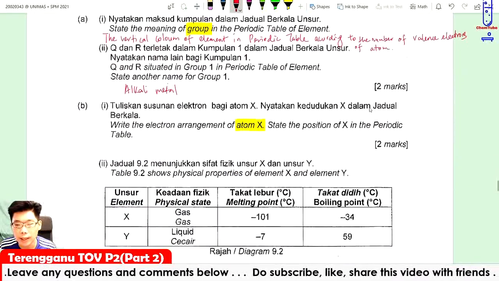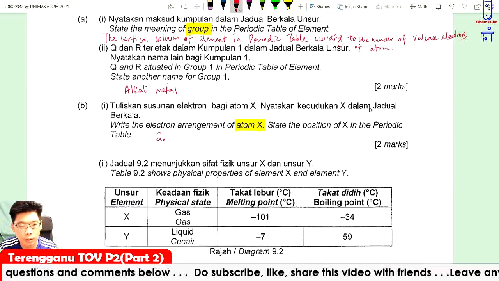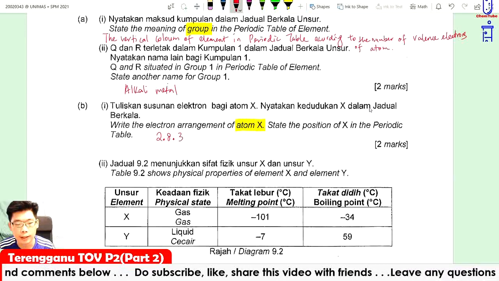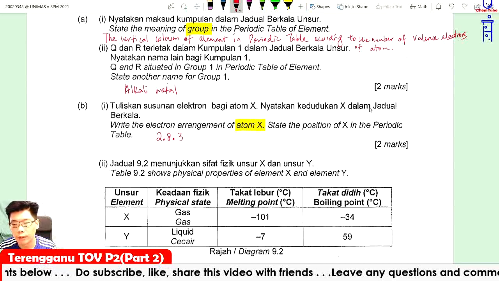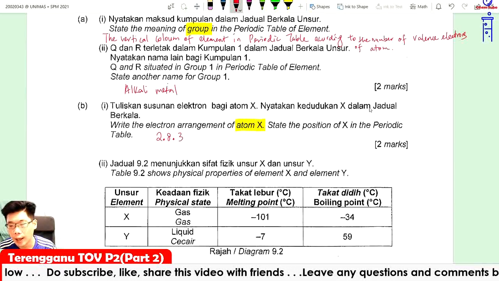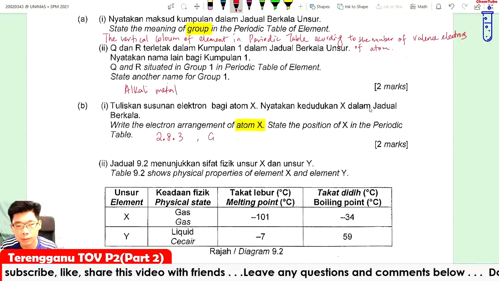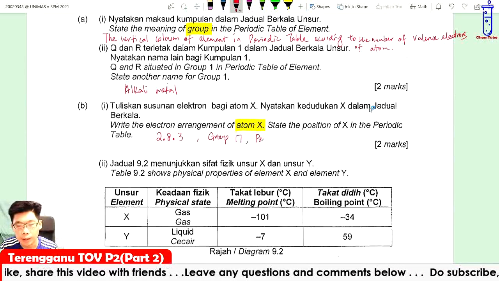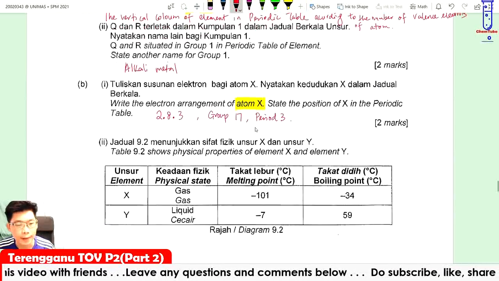So the electron arrangement will be 2.8.7. This is the electron arrangement. So where is the position of X in the periodic table? It is located at group 17, period 3. So this is your answer.